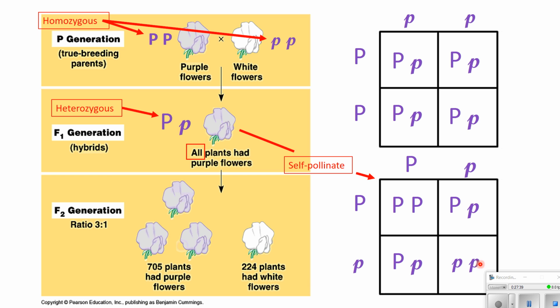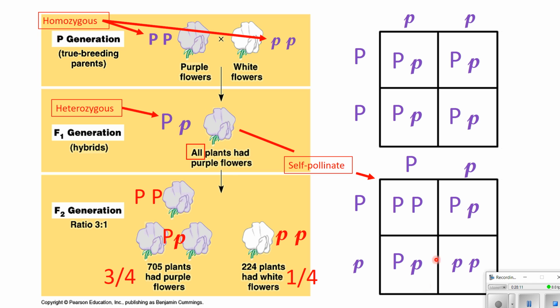The only way a plant can have white flowers is if it inherits two copies of that recessive allele, little p, little p. And Gregor Mendel discovered that in the F2 generation, it's always 3-to-1. 3/4 of the offspring will have purple flowers, and 1/4 of the offspring will have white.